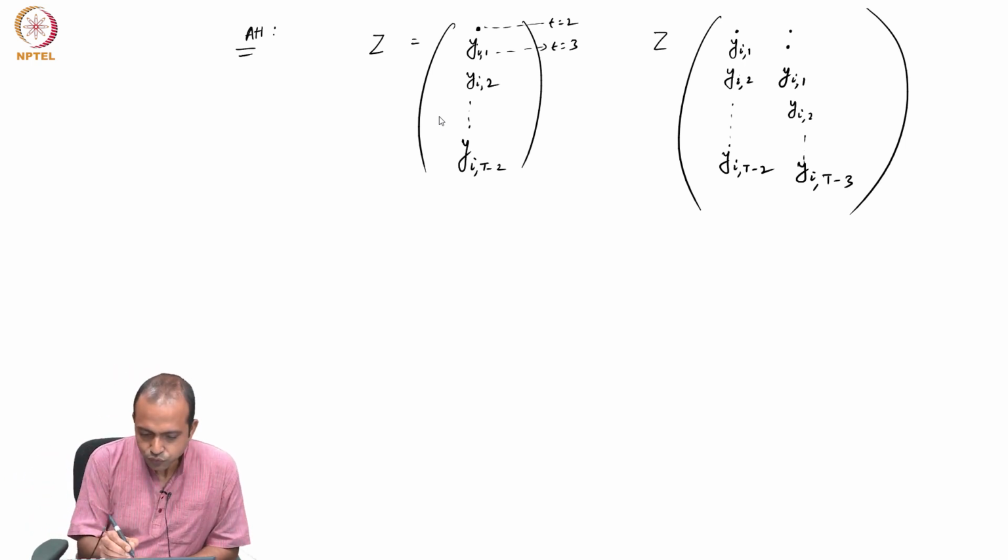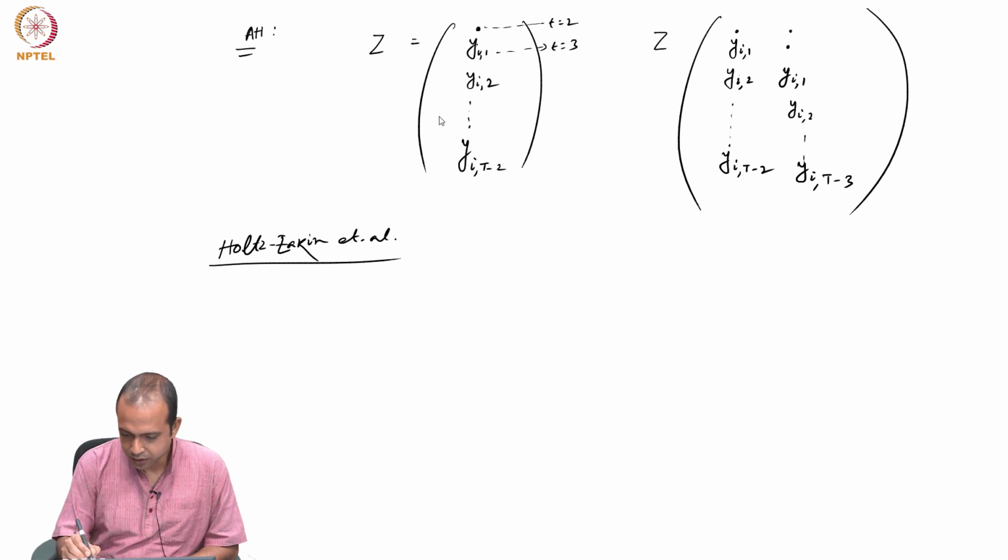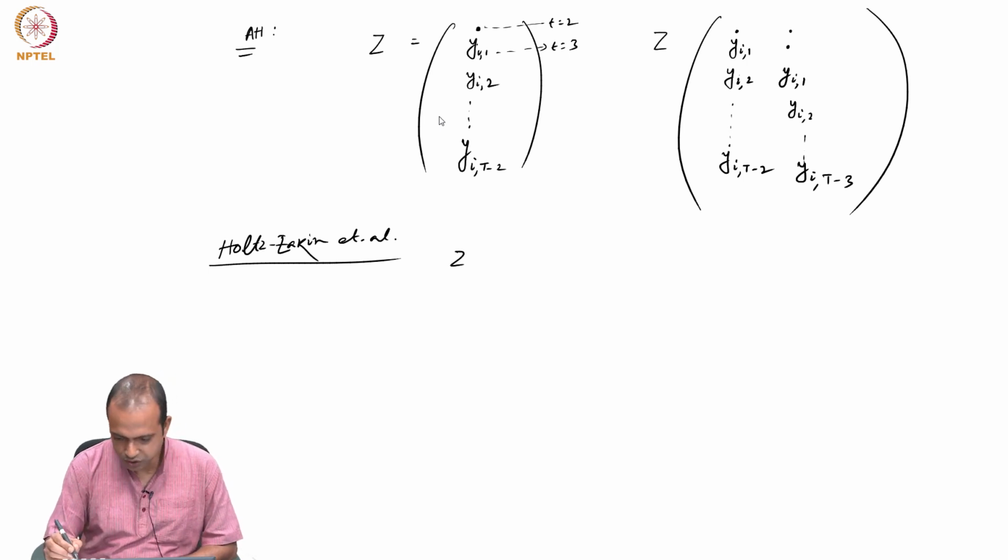So in Holtz-Eakin et al., they said that the instrument matrix should be this way.